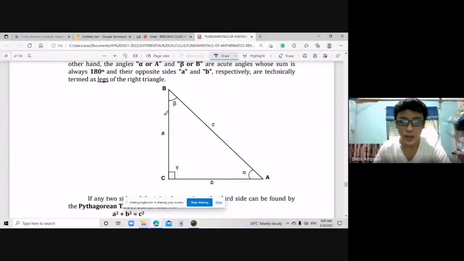The other legs we cannot call opposite or adjacent.